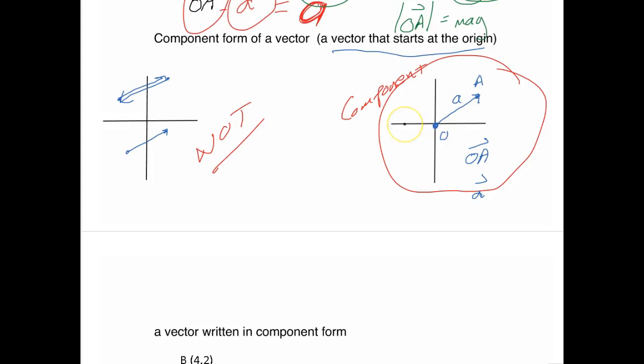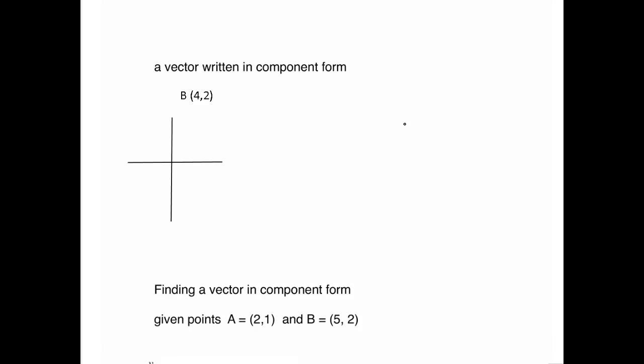Now let's talk about how to write a vector in component form. So here's the point I give you, 4, 2. Alright, so let's draw it out. So there's point B, 4, 2. Now remember, if I wanted component form, that means I'm going from the origin to that point right there.